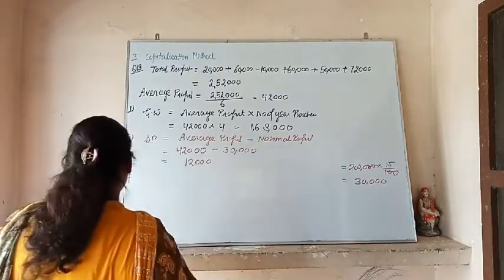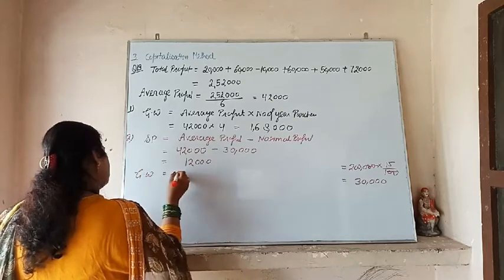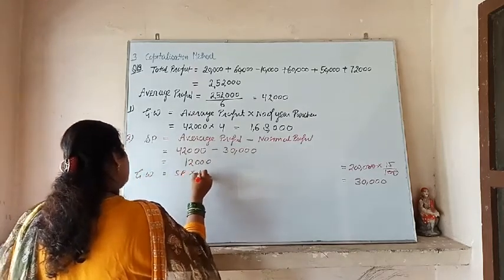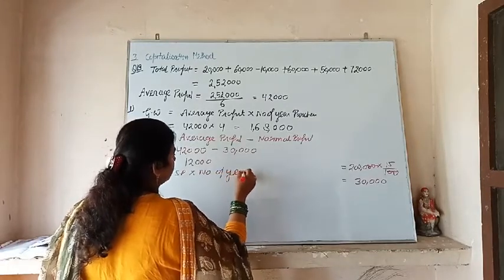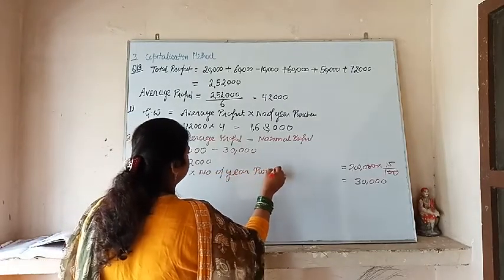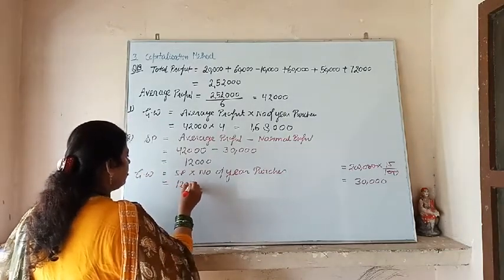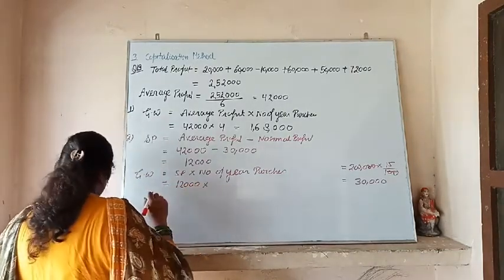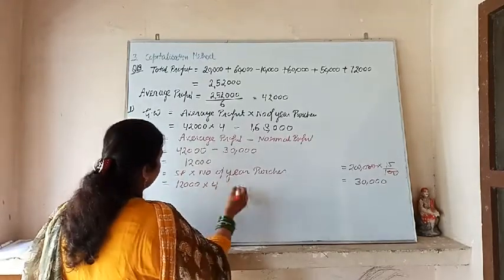Then goodwill is equal to super profit into number of years purchase. Super profit is 12,000. Number of years is 4, it is given in this question also. 4 years purchase.